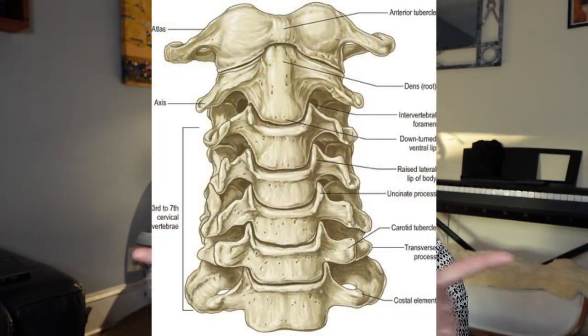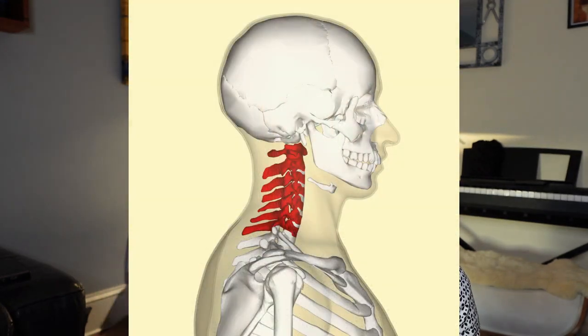The transverse processes are sticking outwards transversely, and the spinous processes, when you're looking at the body sagittally from the side view, you can see sticking straight out. So the cervical vertebrae are a little bit more straight out, protruding, while the thoracic spinous processes are curved and longer.